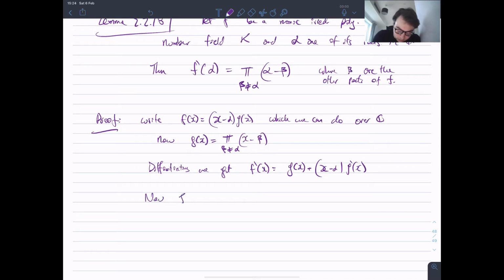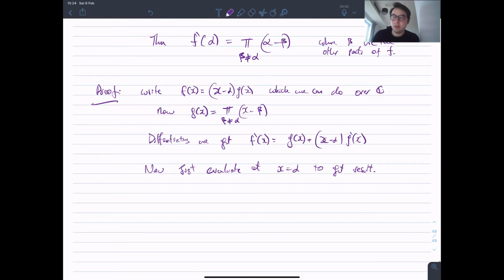Now just evaluate at x equals alpha to get a result. Great. So you plug alpha in, this term vanishes, you end up with g of alpha, which is exactly the quantity we want. So why is this useful? Well, here's a really quick way of calculating a discriminant if you have some power basis.